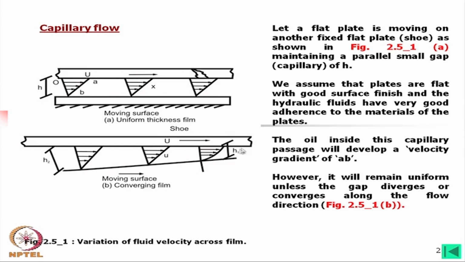What we have shown here, at the bottom one, is a converging gap. In that case, if we think of this point moving over here, at the top also this point will move the same distance, here also it is the same distance. But if we look into this, the gap has reduced here, but this is an incompressible fluid and there is no slippage.